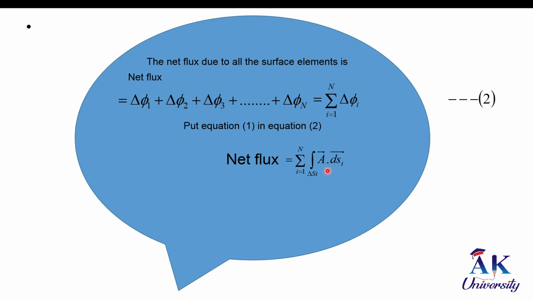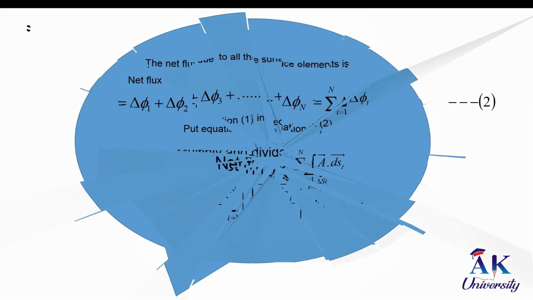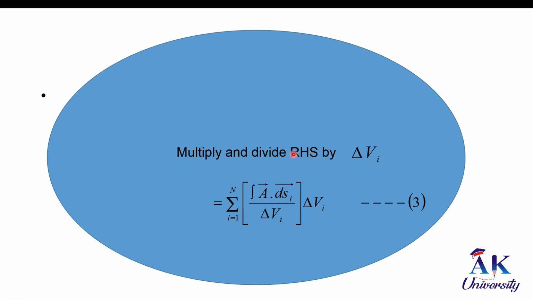Now we divide by the volume delta Vi and also multiply by the volume delta Vi in this equation, so equation 3 will become the summation of i from 1 to n of the surface integral of vector A divided by delta Vi, and also we have multiplied by delta Vi.